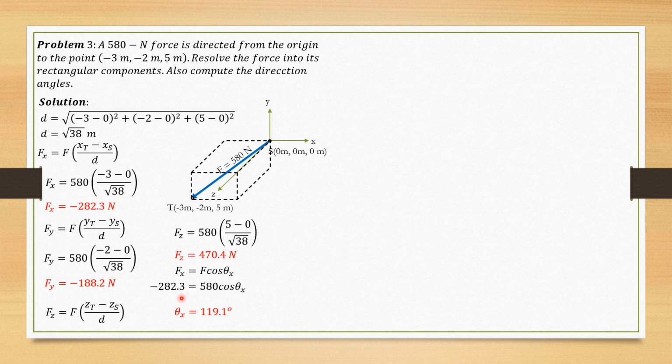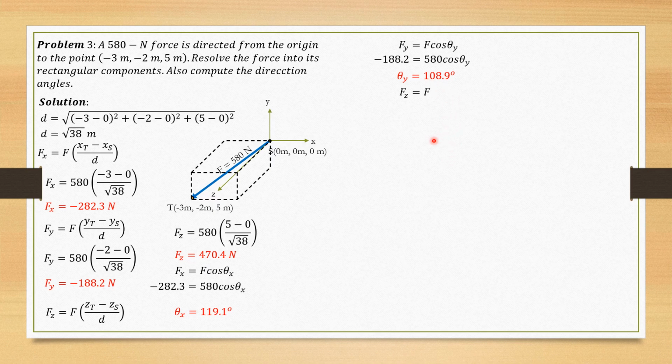By the way, if the component of the force is negative, then the angle is more than 90 degrees. If it is positive, the direction angle would be an acute angle. So Fy is F cosine theta y. So substitute. Again, Fy is negative, so we expect more than 90 degrees for theta y. So theta y, inverse cosine of -188.2 over 580, is 108.9 degrees as expected.